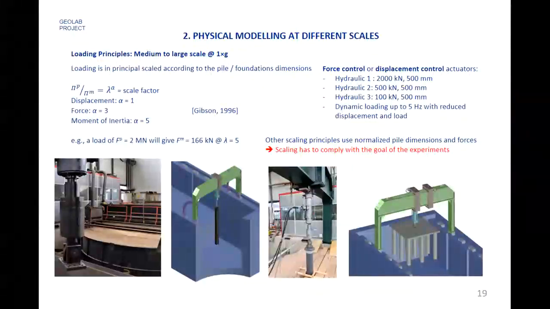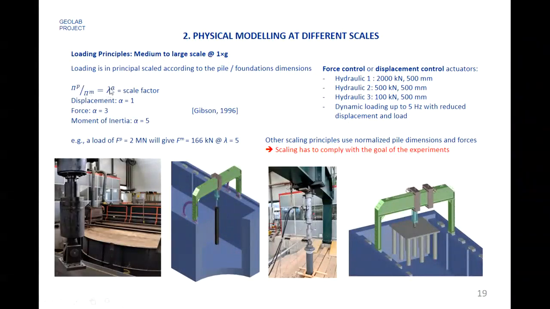If we forget the centrifuge and come back to 1G tests, we have to take care about the scale factor. They are not exactly the same, of course, because the G level has not been changed. The scale factor is the ratio between the prototype and the model.